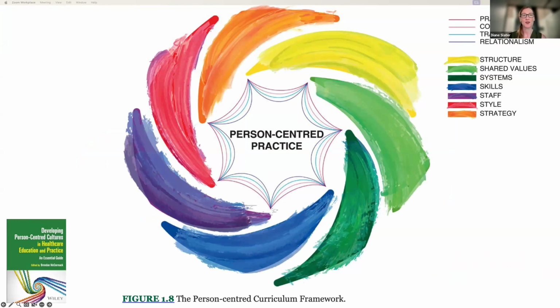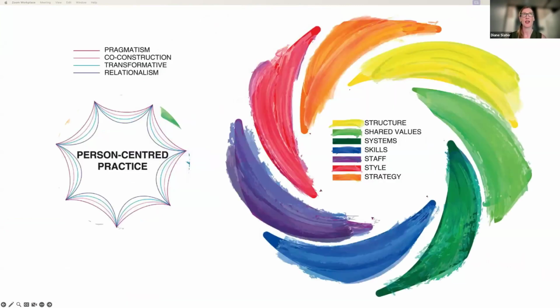So we chose to focus on the underpinning philosophical dimensions and methodological principles of designing a curriculum to really help us start with a great foundation in this curriculum design process.